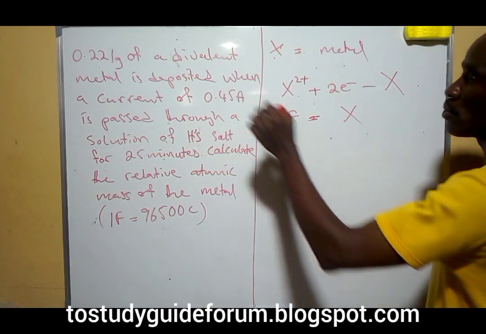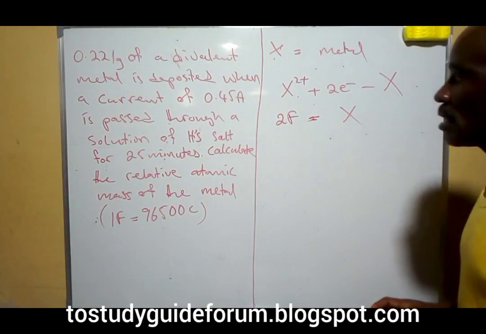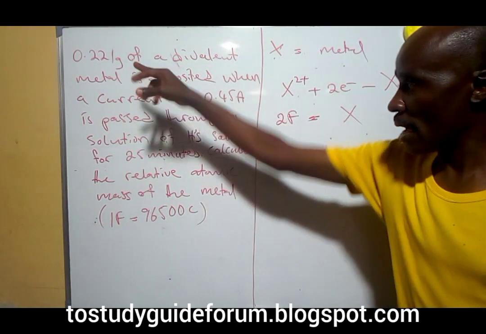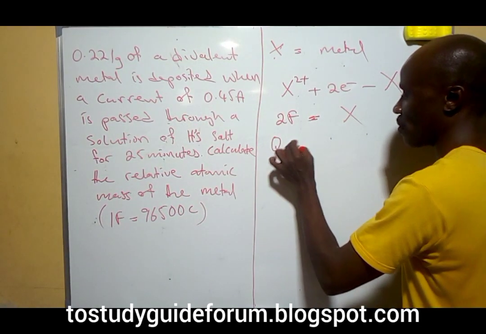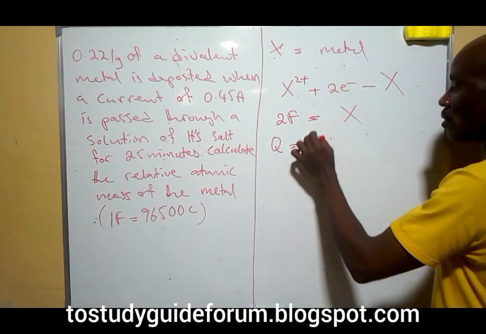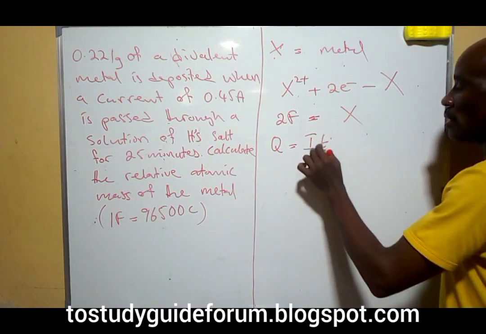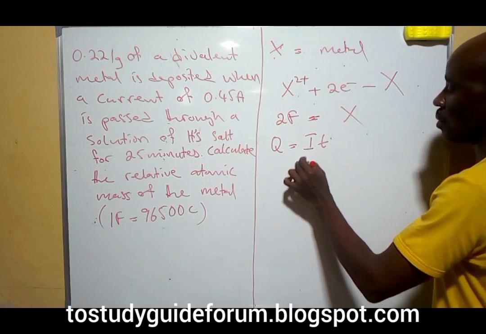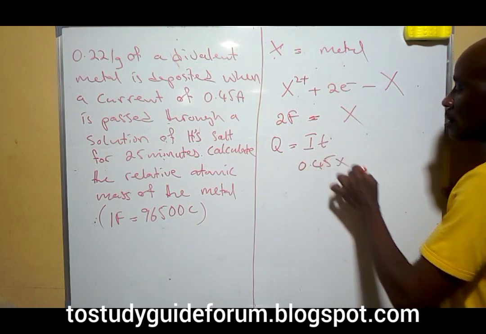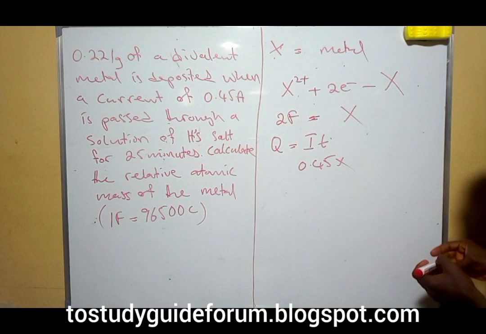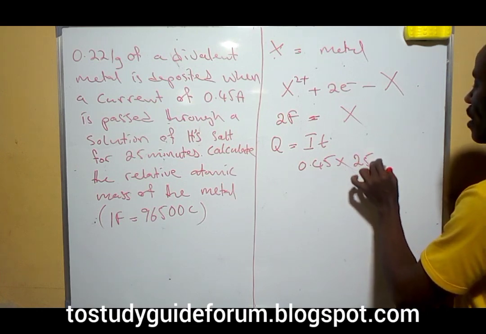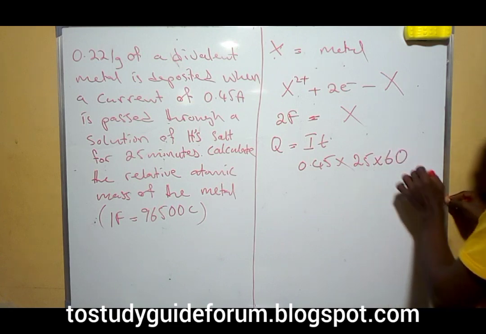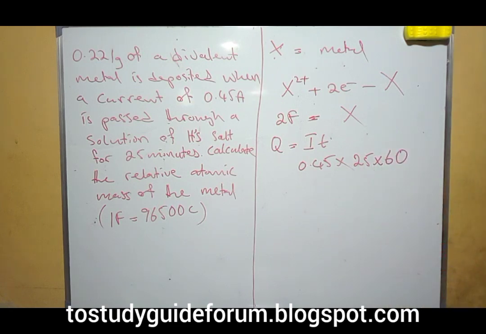So we're going to find the quantity of electricity that we require to get this mass discharged or deposited. The quantity of electricity, which is Q, is the current times time. We have 25 minutes times 60, because we want to convert it to seconds.